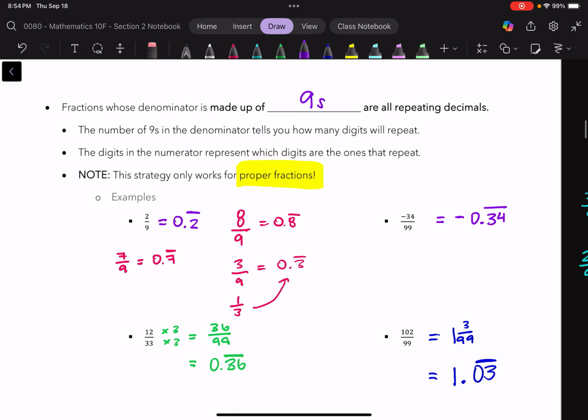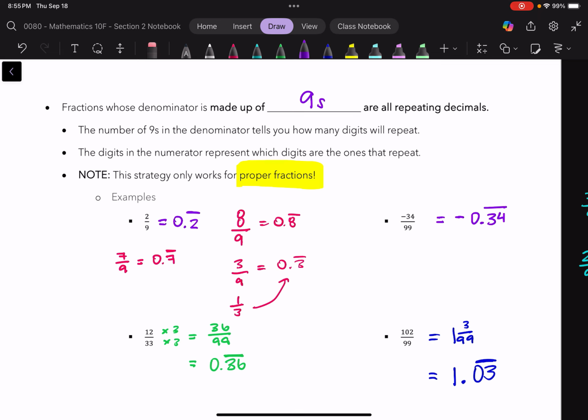The next strategy was denominators made up of the number 9s. So the number of 9s in the denominator told me how many digits would be written underneath the repeating bar. The numerator told me which digits I write under the repeating bar of my decimal. But remember, the strategy only worked for proper fractions.